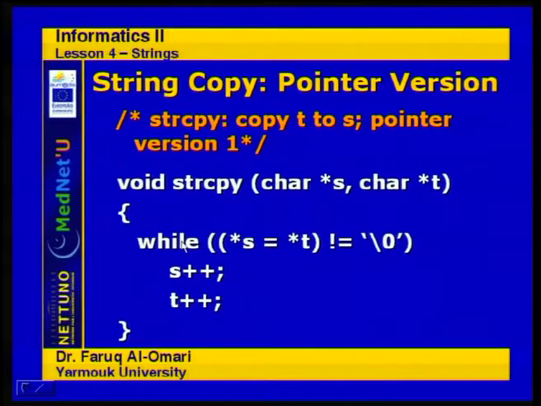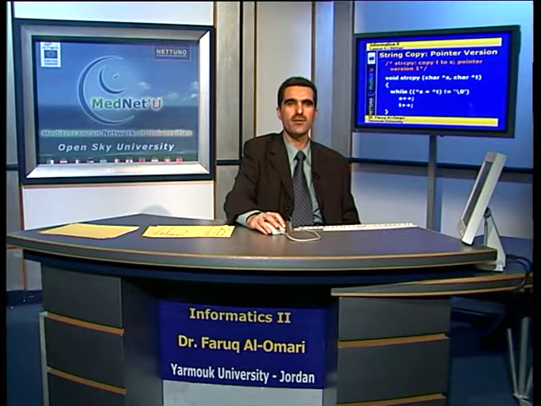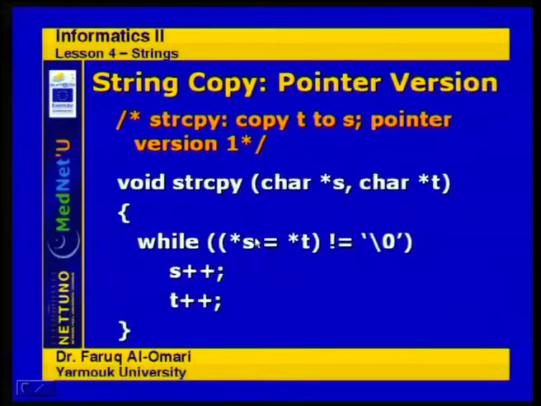I don't need any index in here, simply because I'm not talking to an array, but rather I'm talking to the pointers themselves. So basically, what I'm saying is, copy whatever content is pointed by T to whatever location is pointed by S. So the content pointed by S is going to be assigned according to the content in here.